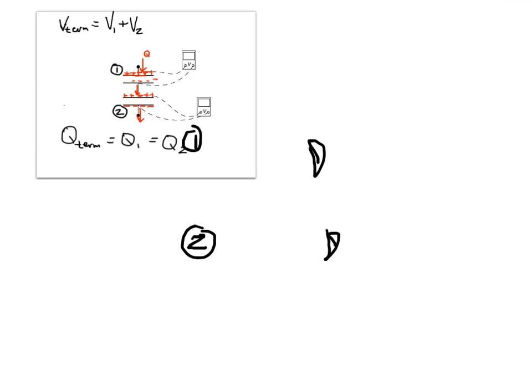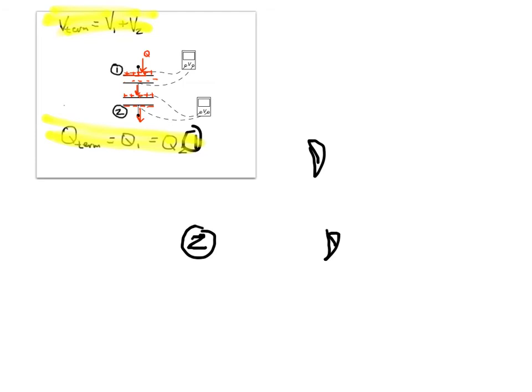So that gives us two principles here for capacitors in series. The first is that the terminal voltage is the sum of the voltages on the two individual capacitors, and that the terminal charge, the charge that goes in or out of the terminals of the combination, is the same as the charge on each individual capacitor in the combination.